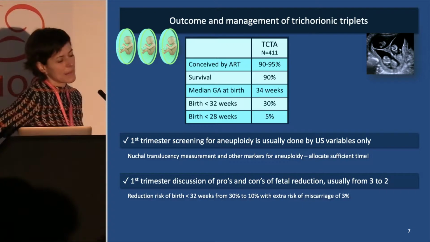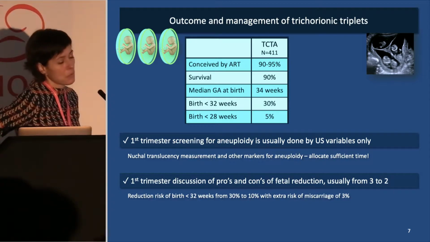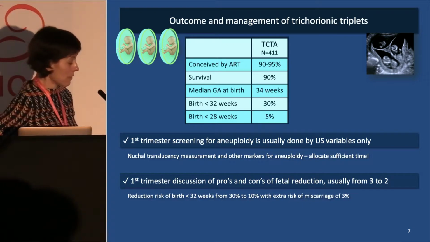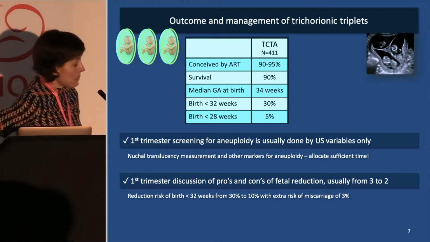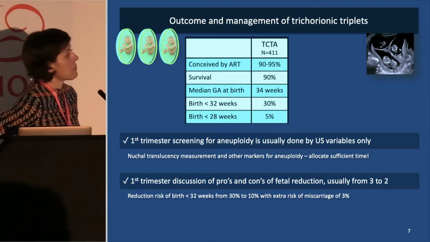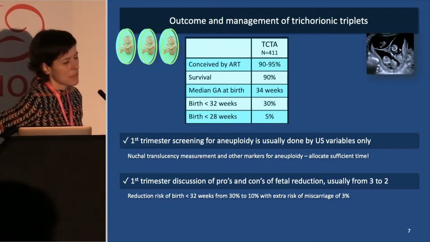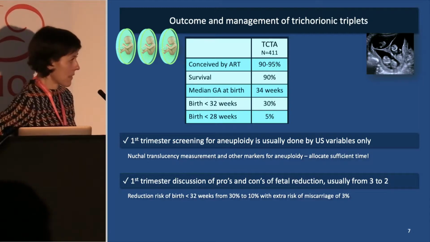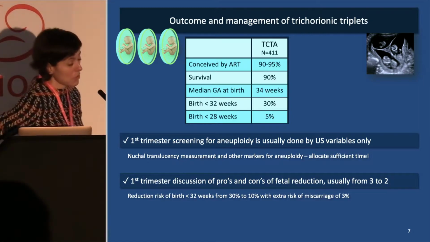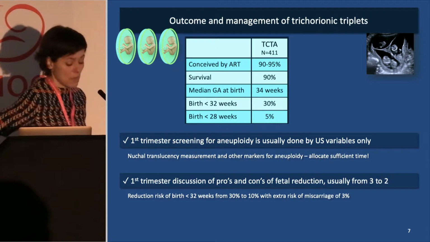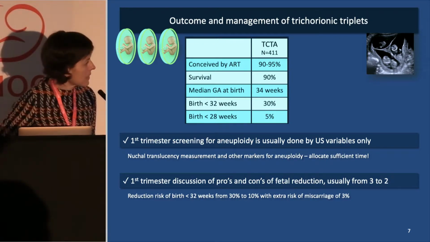But this comes at an extra risk of miscarriage of about 3%. So in unreduced triplets, the risk of miscarriage is about 5%, and after reduction, it's 8%, which means that you have to do 30 reductions in order to cause 1 extra miscarriage.